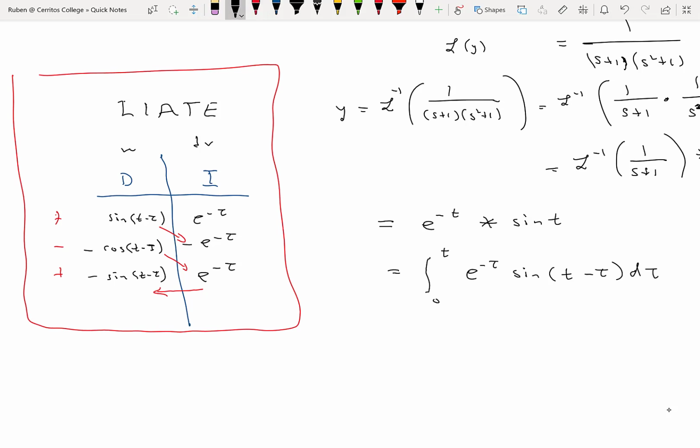Okay, so let's proceed. Our integral then equals, now referring to the tabular integration chart, plus from the red plus, sine of t minus tau times along the diagonal minus e to the minus tau. So we get minus e to the minus tau sine of t minus tau.